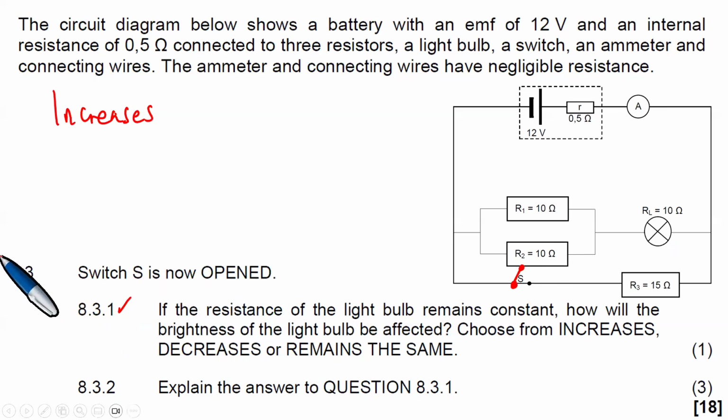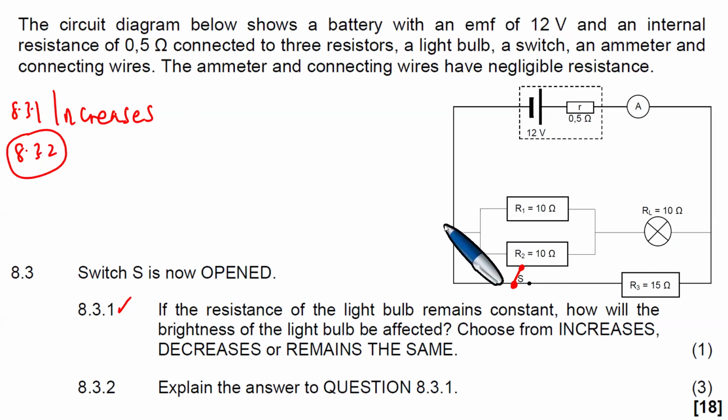And there are several reasons for this. So this is 8.3.1. We expect that it increases because the current will no longer be going through many things. But it says that the resistance of the light bulb remains constant.